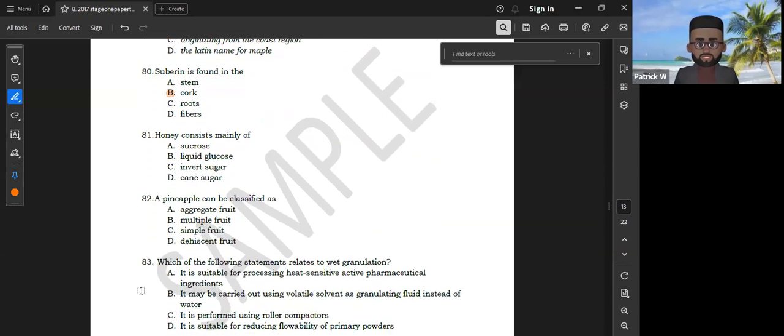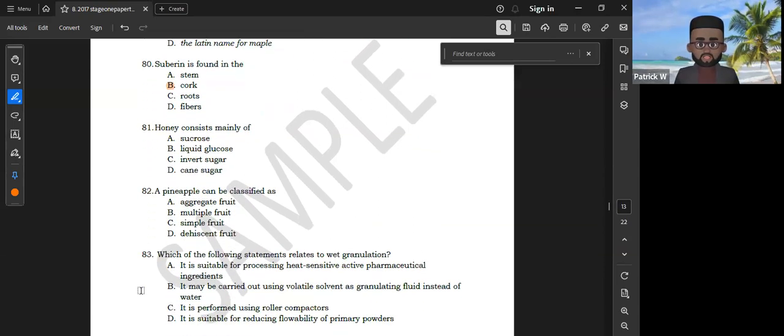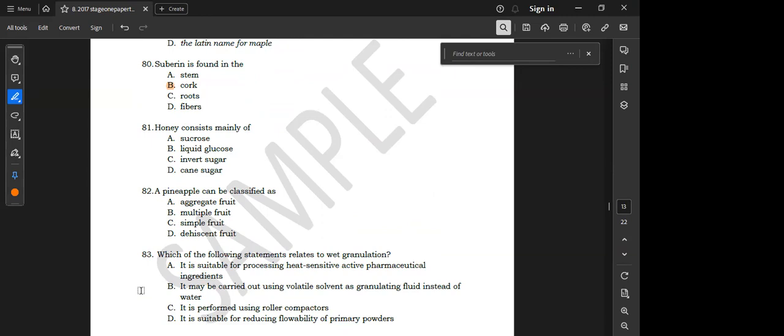But what so-and-so has sent is also saying it's the main constituent of cork. So both answers seem to be correct. Okay, so we can go with roots if it's mainly found in roots.